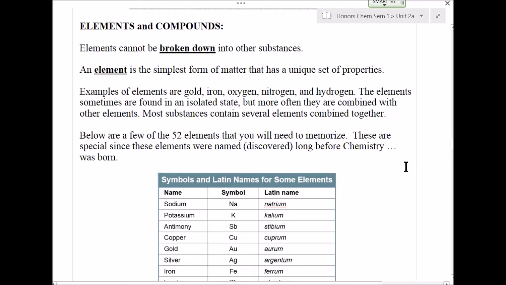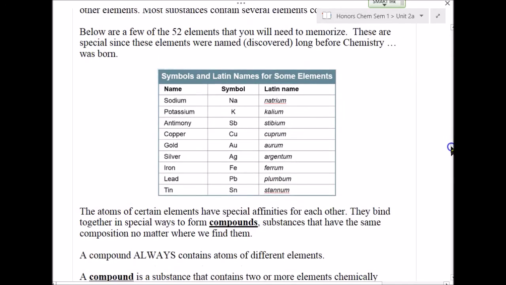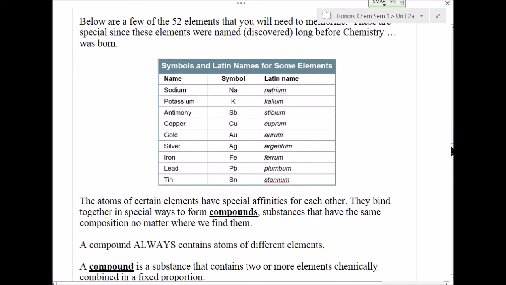I put this box on here, the symbols and Latin names for some of the elements, because as you were learning those yesterday, some of you asked, why does sodium start with Na? Well, before the convention came into play, some elements were already named before chemistry was born.